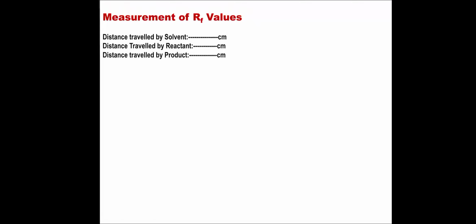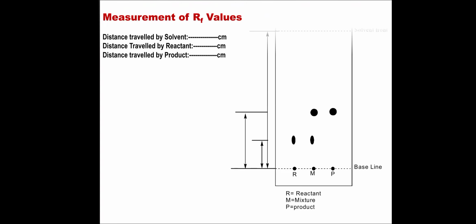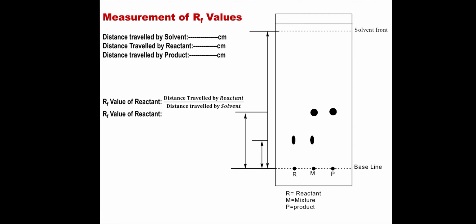Once you have these measurements from the baseline, you can calculate the Rf value of the reactant. Just put the distance traveled by the reactant and the distance traveled by the solvent in the formula, and you will get the Rf value of the reactant.